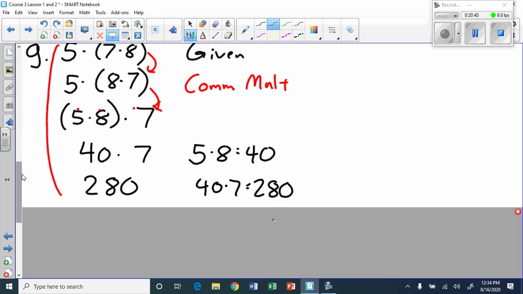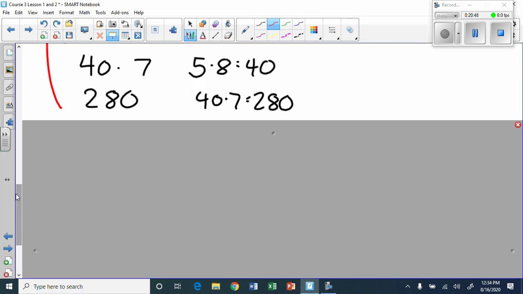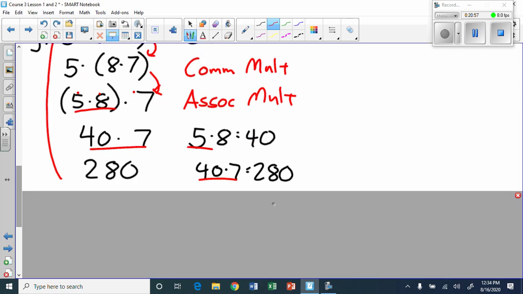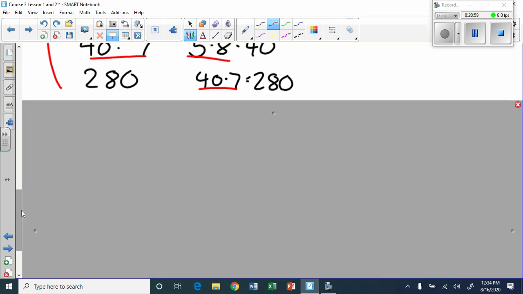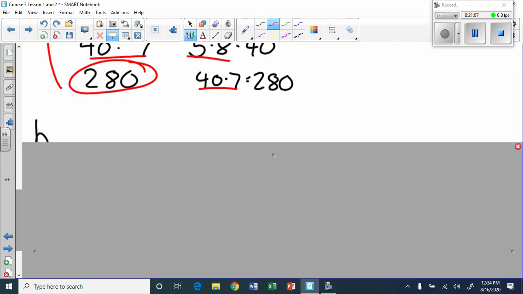They changed my groups. That's the associative property of multiplication, changing the groups. And then we got 40 times 7, because 5 times 8 is 40. And then it's one step each time, the answer becomes 280, but in this case, we're interested in those two properties.